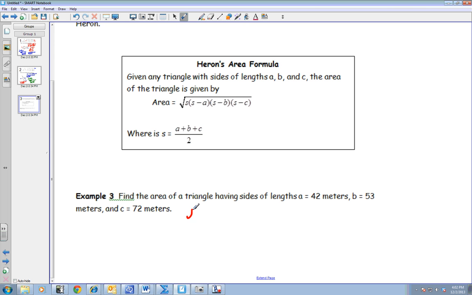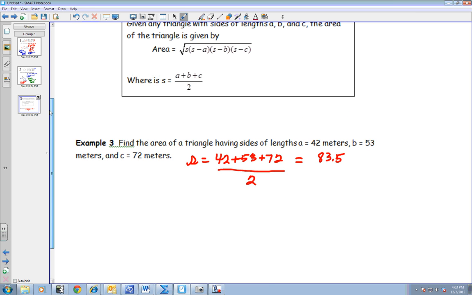So the first thing we need to do is we need to find out what S is. So 42 plus 53 plus 72 divided by 2. And when I stick that in the calculator, I get 83.5. So that's what S is equal to. All right, so now I'm going to take S and plug it into this formula.